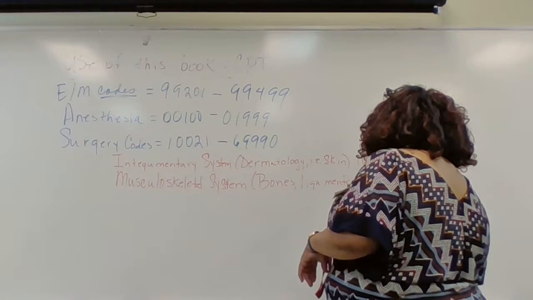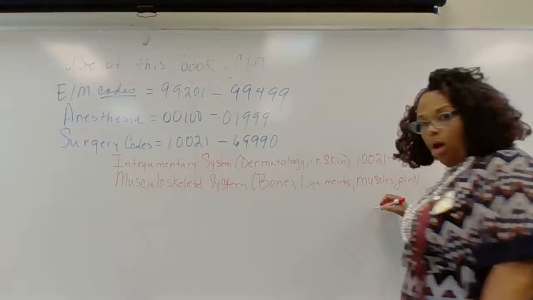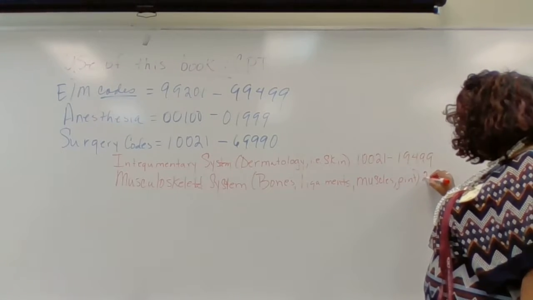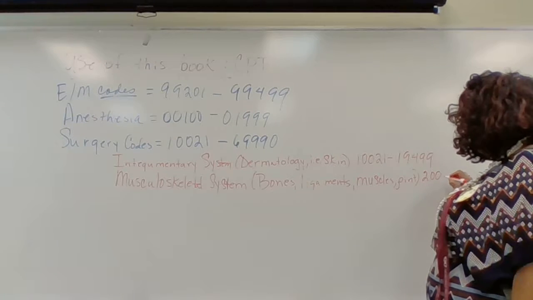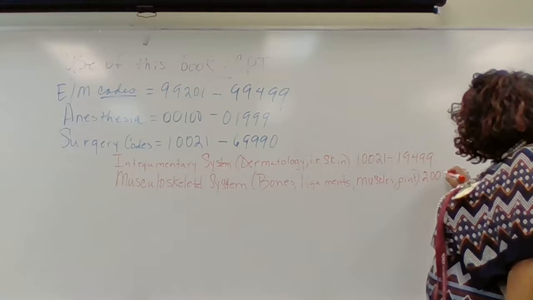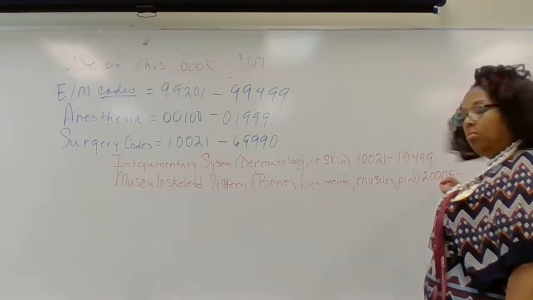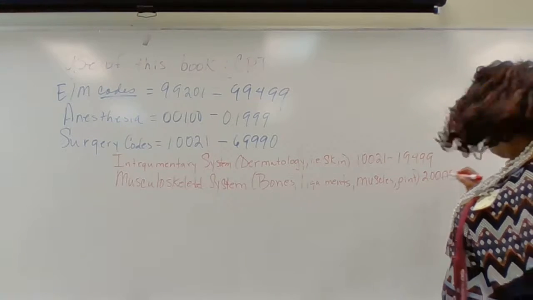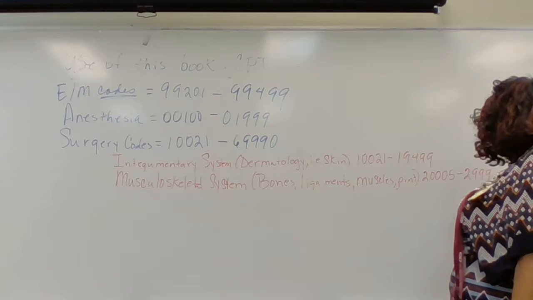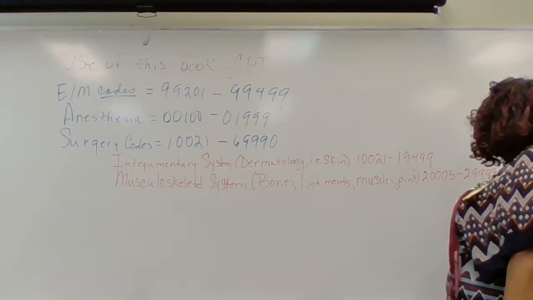Anything dealing with the musculoskeletal system, what code would that be a part of? 20005. Is that the beginning code? 20005 to 29999. Is it 4 nines? Yes. Okay, 4 nines.